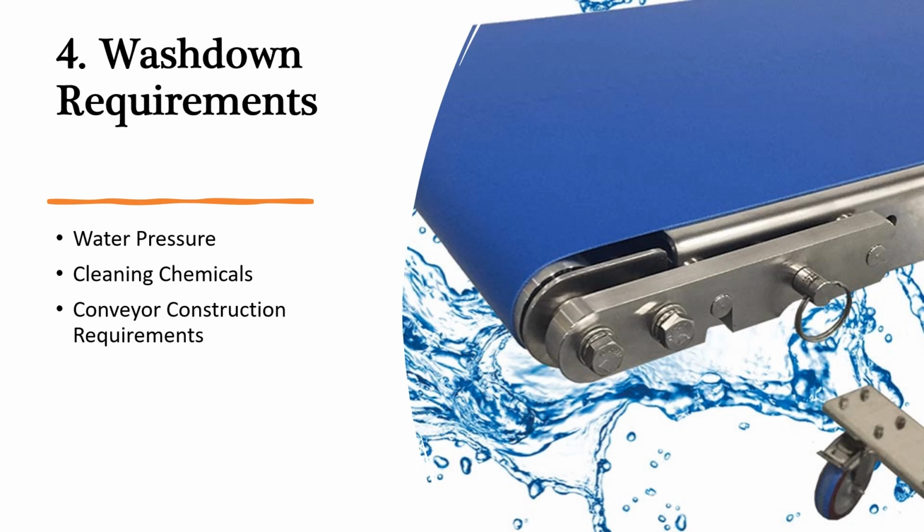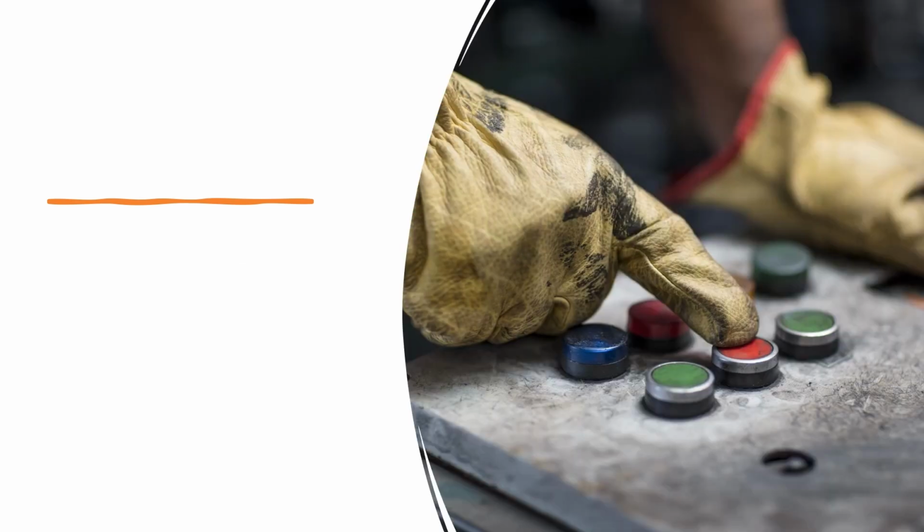And then the conveyor construction, whether you want welded frames or a removable type of construction. Depending on the shape and size and availability of the layout, we should consider these things.